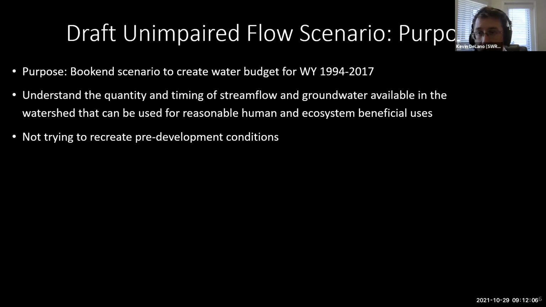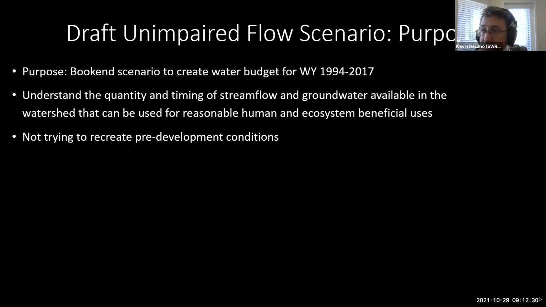So we're not trying to recreate pre-development conditions in the Ventura River watershed. We're not trying to remove, well, I'll just leave it there. The purpose of the scenario is to understand how much water exists in the watershed before it is used by people.